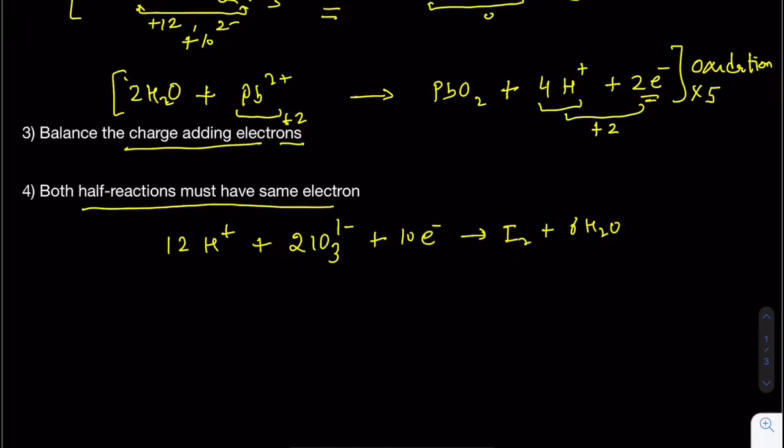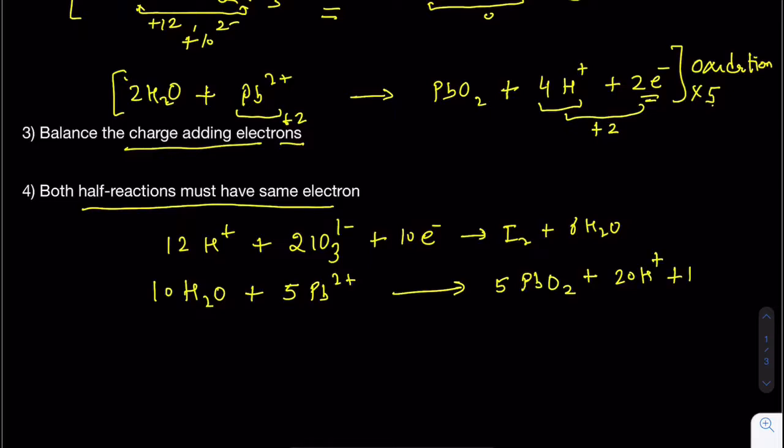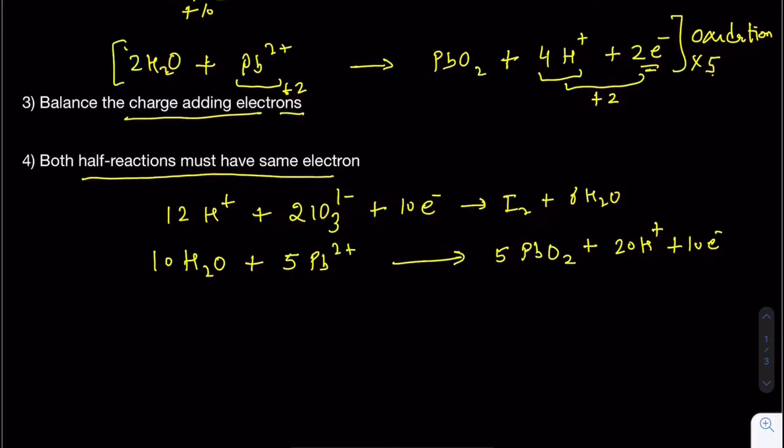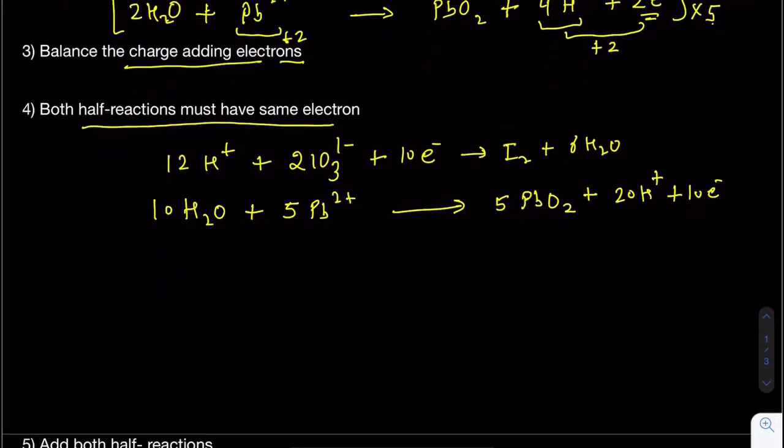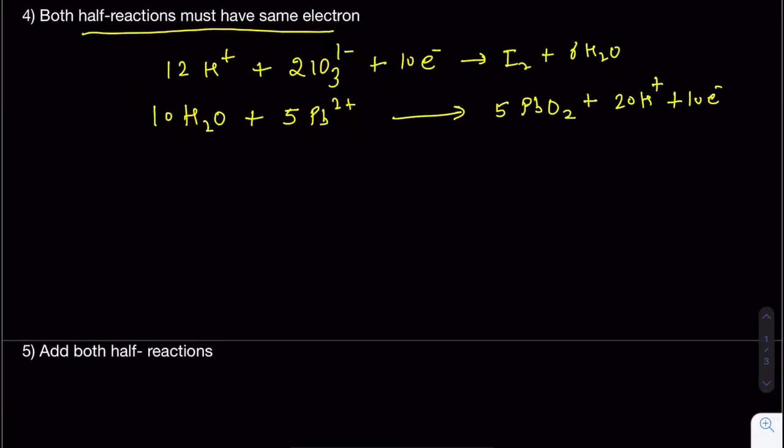In the oxidation half cell, since you're multiplying by 5, that's going to be 10 water molecules and 5 Pb2+, and that goes on to make 5 PbO2 plus 20 H+, and we have 10 electrons. So you have to make sure the electrons are the same on both of those half reactions.